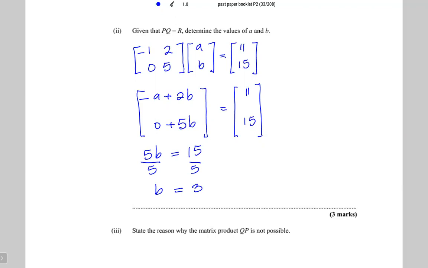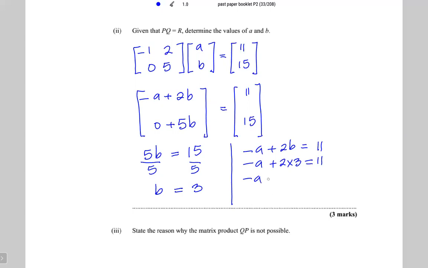Now, the top element on the left, which is minus A plus 2B, is equal to the top element on the right, which is 11. But we already found that B is equal to 3. So minus A plus 2 times 3 is equal to 11.